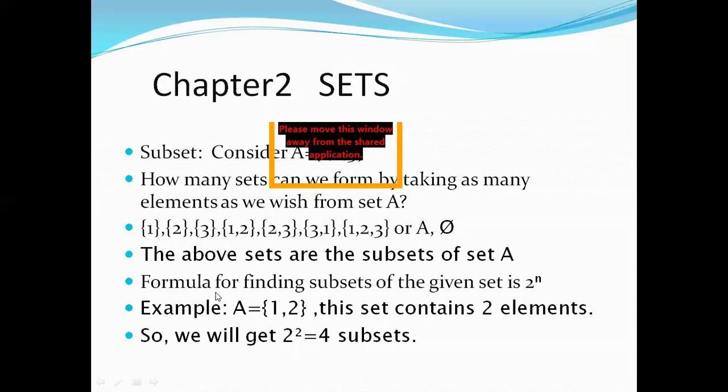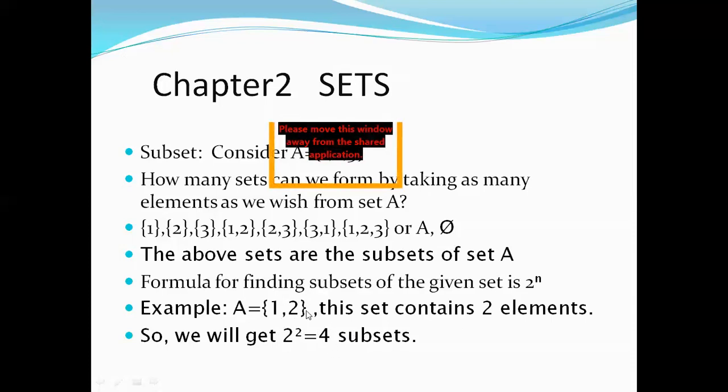Okay, then what is the formula for finding the number of subsets of a given set? The formula is 2 power n. Here n represents the number of elements in the set. For example, you see here, set A contains 1, 2. How many elements are there? 2 elements. That means what is the formula? 2, and in place of n you write 2, because 2 elements are there. 2 squared value is what? 4.